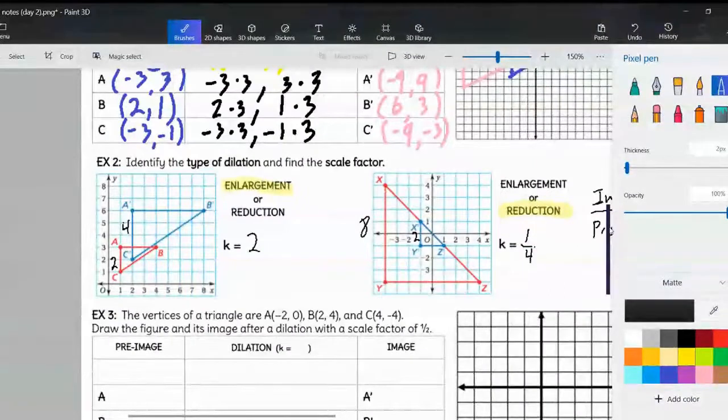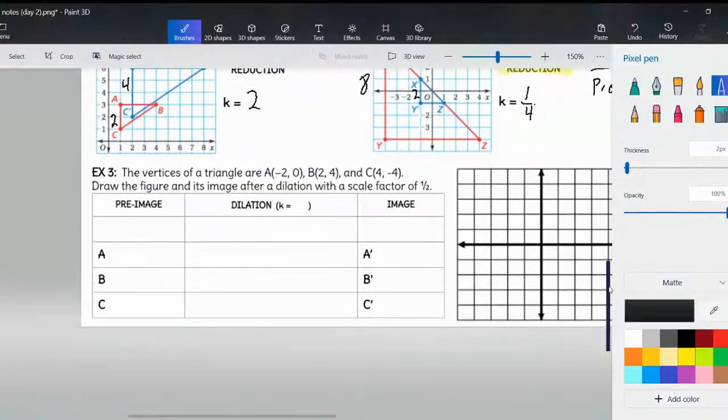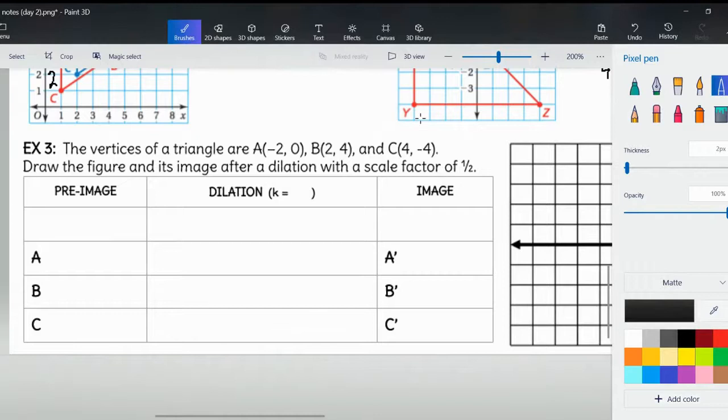Okay, in example 3, the vertices of a triangle are these points, and we're dilating with a scale factor 1/2. So we're making this one smaller because this is a scale factor between 0 and 1, or less than 1.